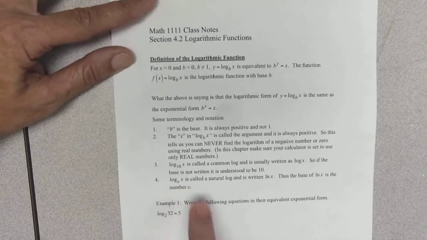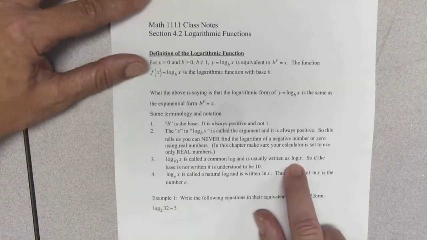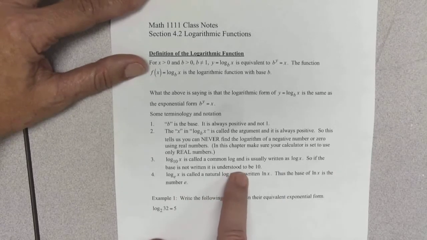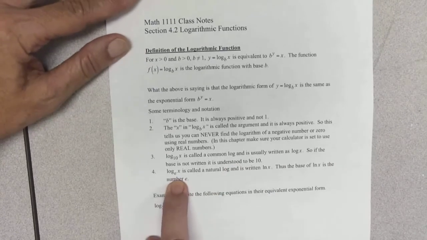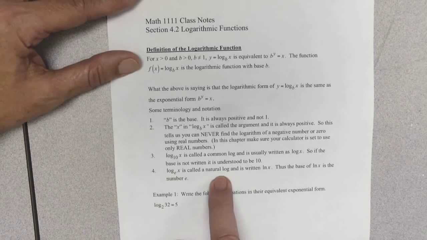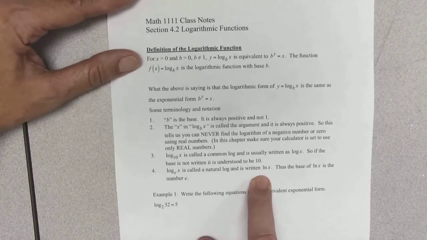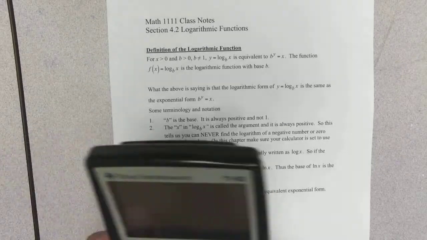Log base 10 of x is called a common log and is usually just written log or log x. So if a base is not written, it's understood to be 10. And log base e of x is called the natural log, and it's written ln x. Those are the letters L and N, not the number 1.